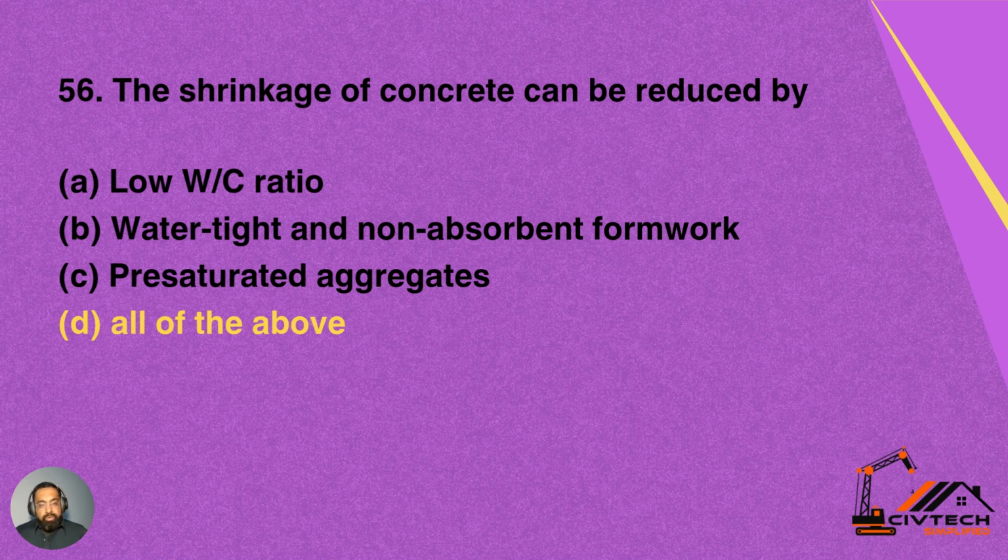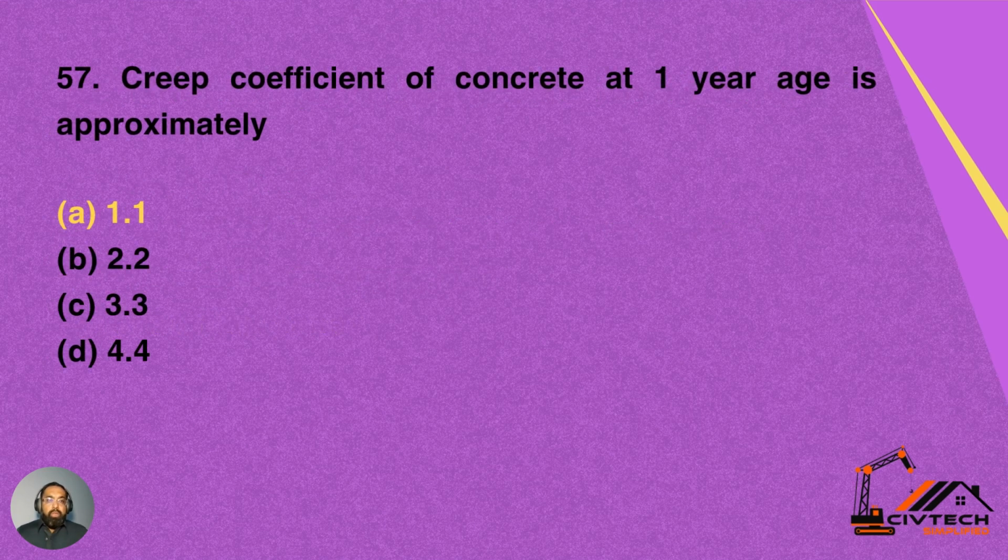Option D is the correct answer for this question. We have to lower the water cement ratio. We have to tighten the formwork, and you have to use non-absorbent formwork, like steel formwork or ply formwork, which are non-absorbent. Option C is pre-saturated aggregate. So all these are correct options to reduce the shrinkage of the concrete.